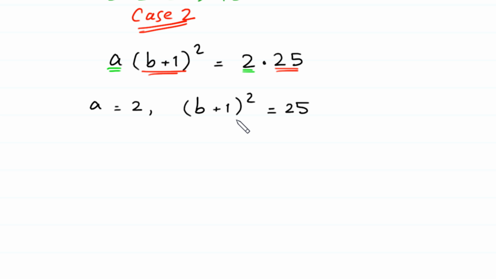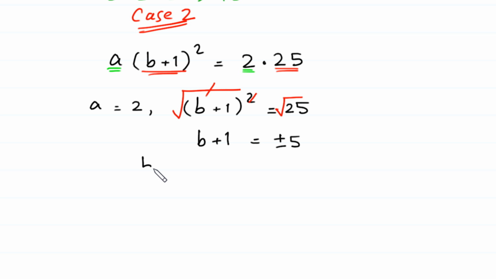Now to find the value of b, we take a square root of both sides. At left side we take square root and at right side we take square root. This square will be cancelled with this square root, and here left b plus 1 is equal to square root of 25 is plus minus 5.